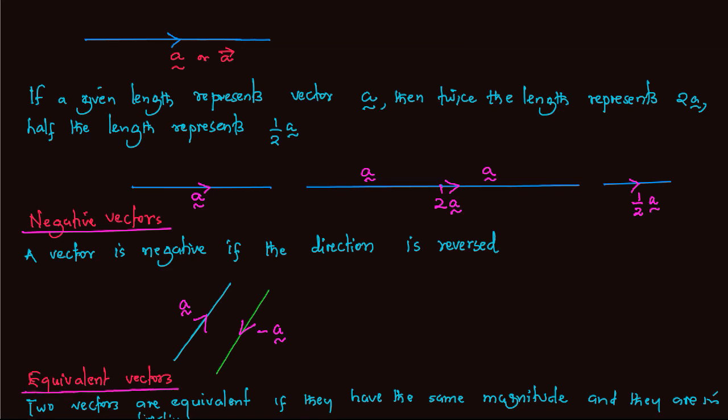Equivalent vectors. Two vectors are equivalent if they have the same magnitude and they are in the same direction.